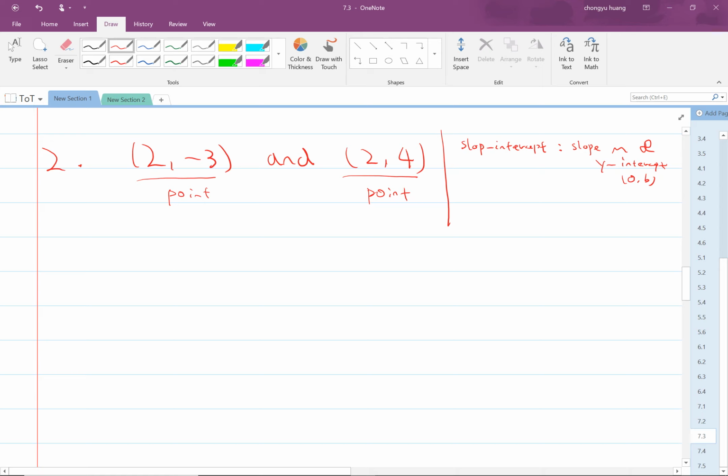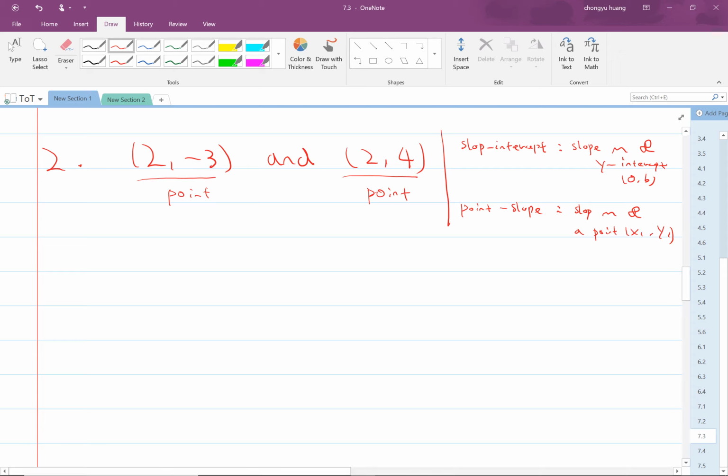And if you want to use the point slope form, you also need a slope and a point, x1, y1, it can be any point. But in this question we only got 2 points. We don't have the slope, so we cannot use any of those forms, right?